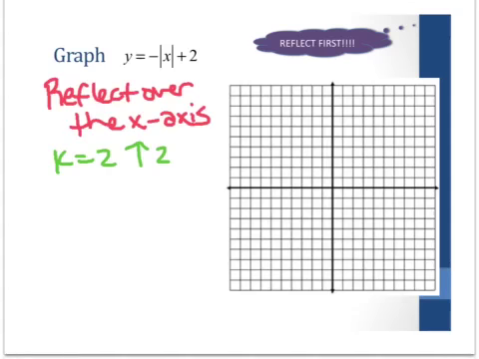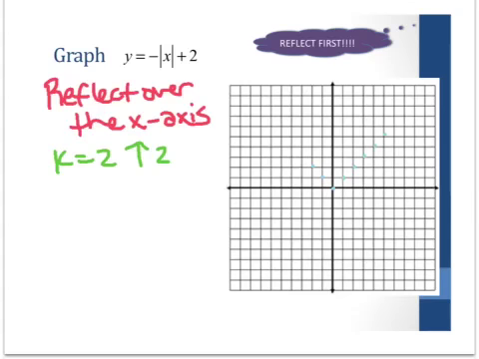Now, unlike before where I had a horizontal and a vertical shift, whenever you're reflecting, you must reflect first before you start shifting left, right, up, or down. This is because we actually reflect over the vertex, but when the vertex is 0, 0, we can use the x-axis to help us. Once the vertex moves from 0, 0, reflecting gets more difficult. So we are going to reflect first.